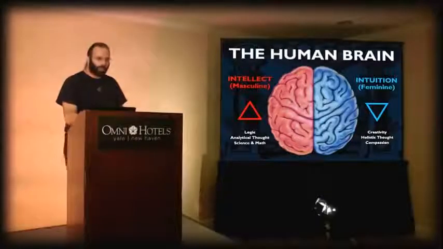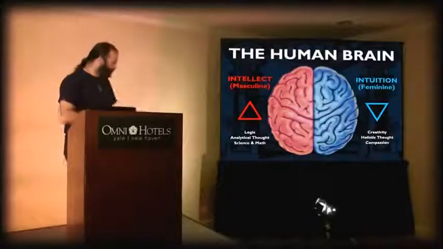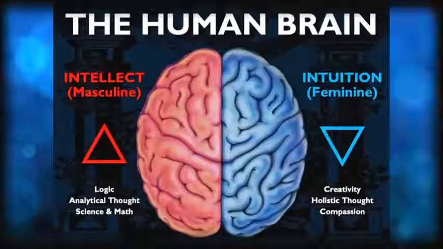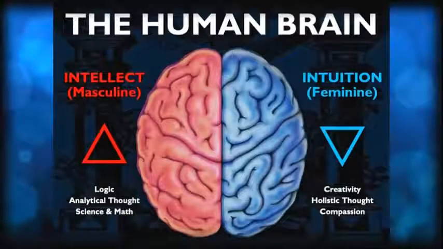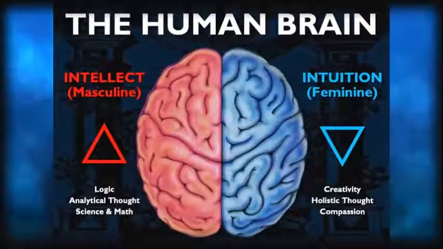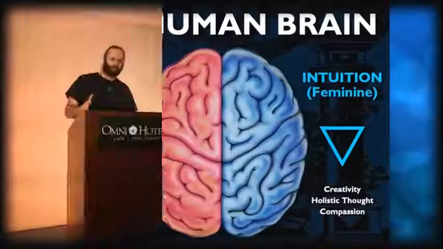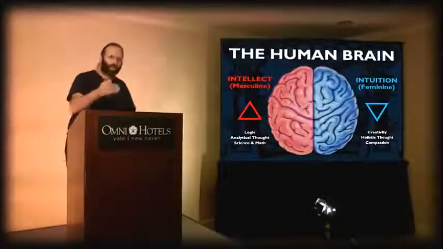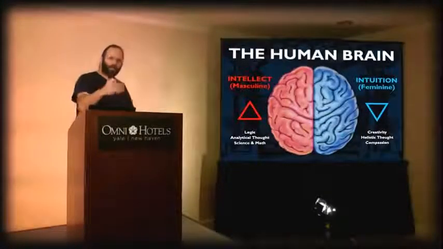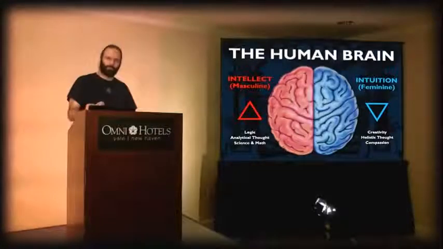But in general, the left hemisphere of the brain is what governs logic, analytical thought, and scientific and mathematical thinking, and also linear thought processes, okay? Physical world tasks and details, being able to break things down and analyze them, all right?